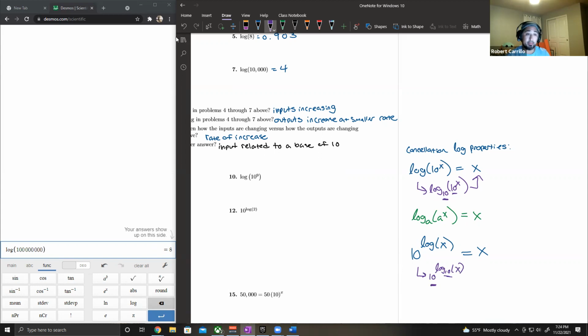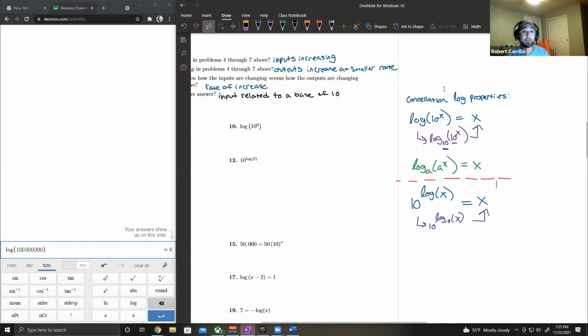Since they're the same base, they cancel each other out and leave you with x. Let me write the property for any log base. If you have a raised to log base a of x, it will cancel and leave you with x. There you go, some cancellation properties.